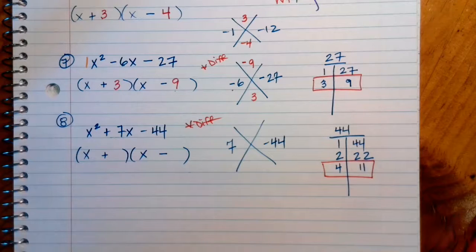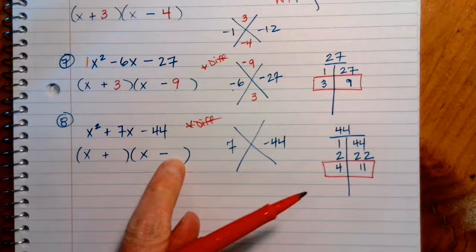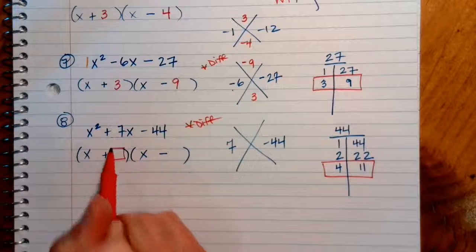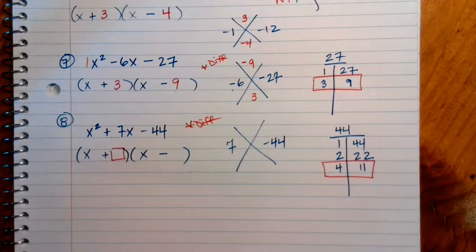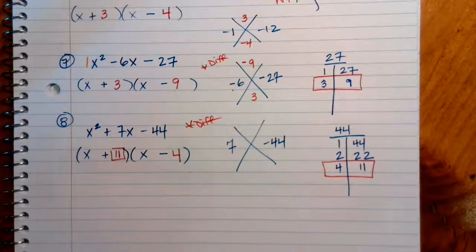And I have to decide which number is going to be in the positive and which one is going to be in the negative position. Because my sum is positive, what number did you put here? You got it. There are more positives than negatives. So my 11 goes into the first spot and my 4 goes into the negative spot.